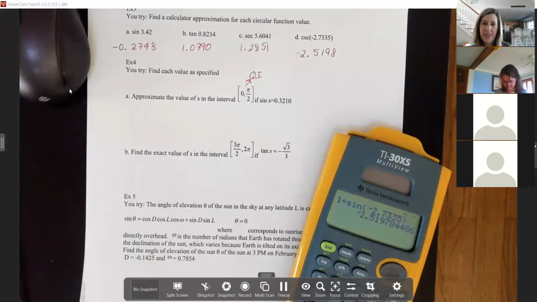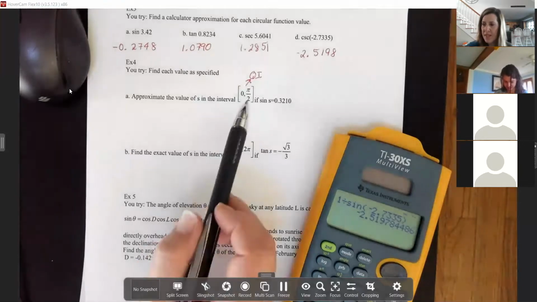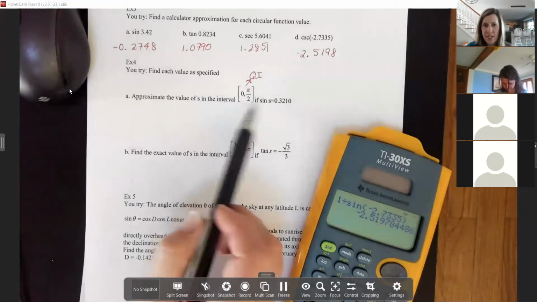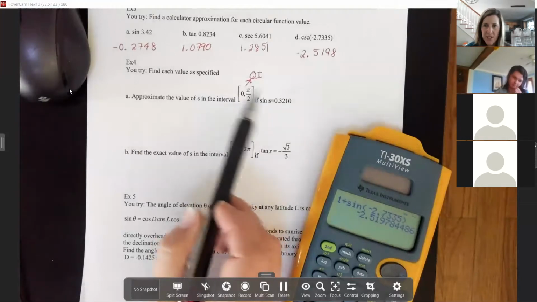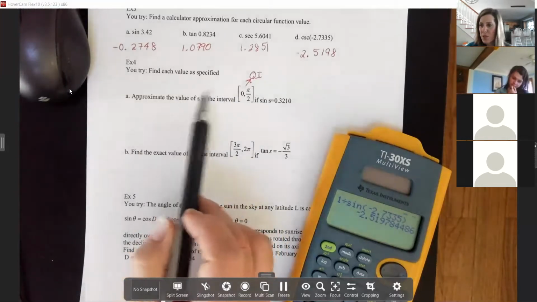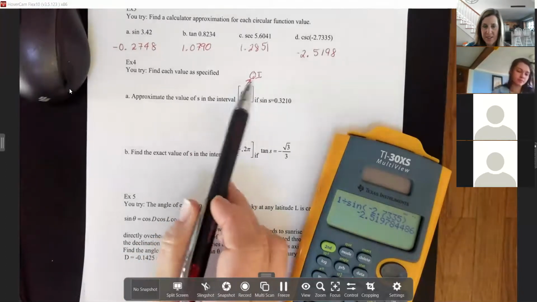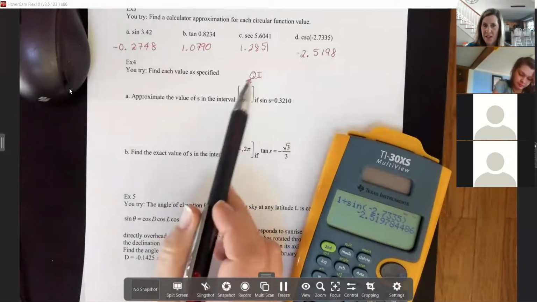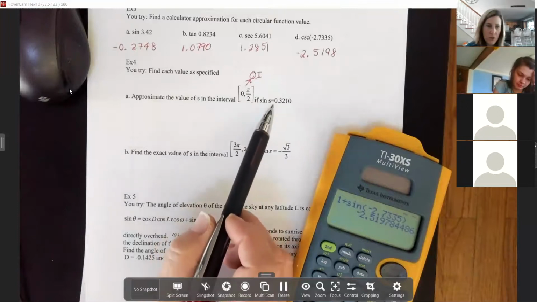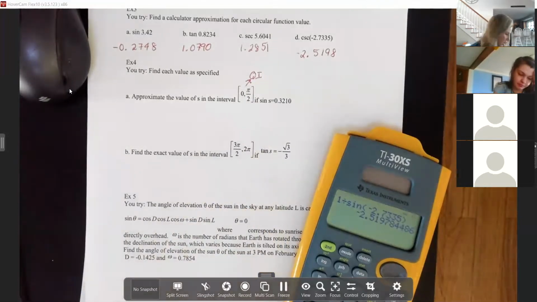Those are the angle measures, right? But this time, this clues you in that they want it in radians. The S clues you in, because I think that's why they're switching between theta and S, to say we're looking for that angle measure. So what do we have to use on the calculator in order to find that angle measure?